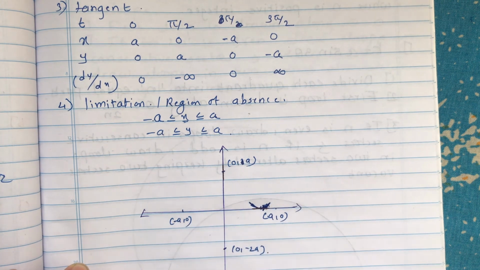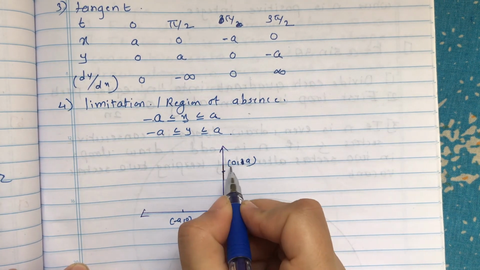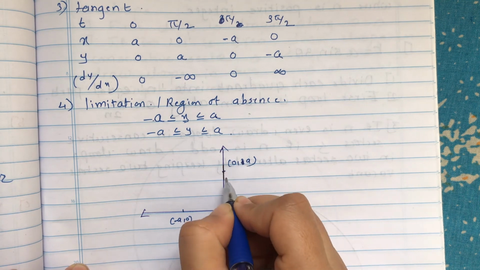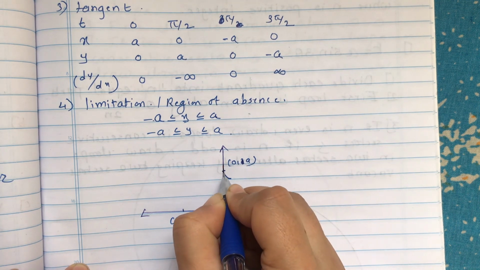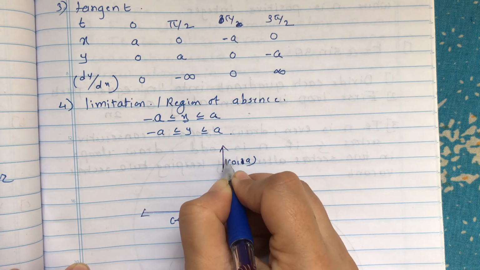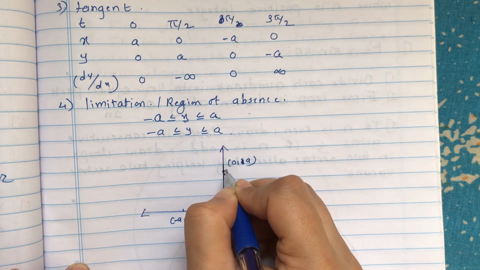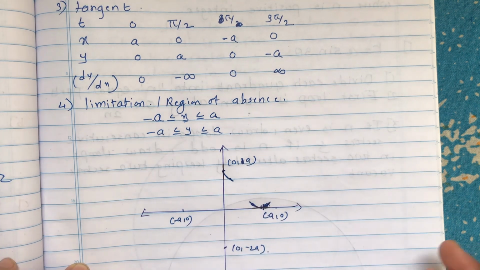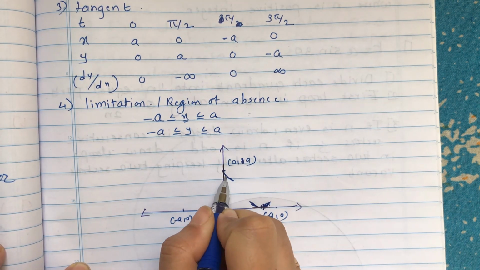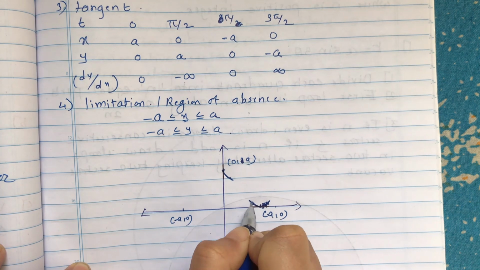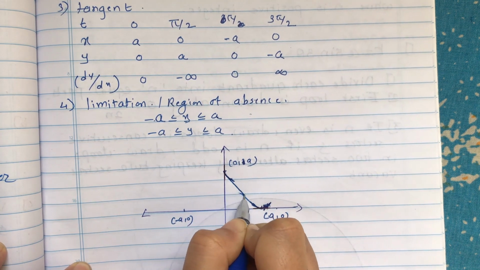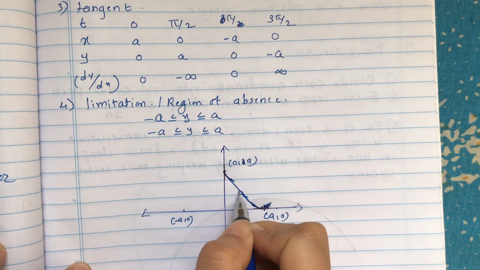Next, for the 0 comma a point, this is the tangent line, and similarly we can draw here. Again beyond this a there will be no part of the curve, so this will be the nature of the curve, and then join these two. Now how to join? Again you can calculate in-between points, right?